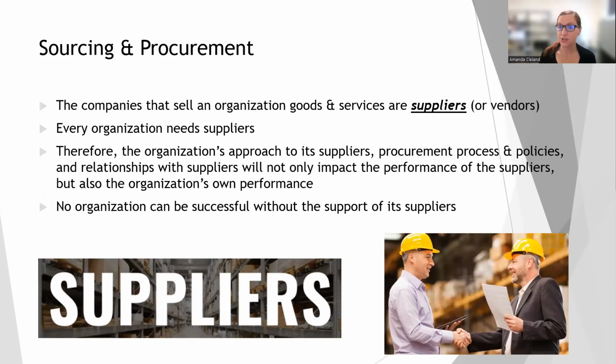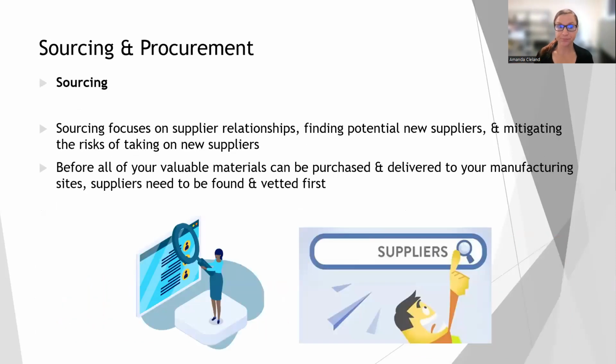Therefore, the organization's approach to how it treats its suppliers, its procurement processes, its procurement policies, the relationships with these suppliers are not only going to impact the performance of said suppliers, but also our own performance as that business. No organization can be successful without the support of its suppliers. So they're an integral part of that supply chain, and they're integral for our success as well.